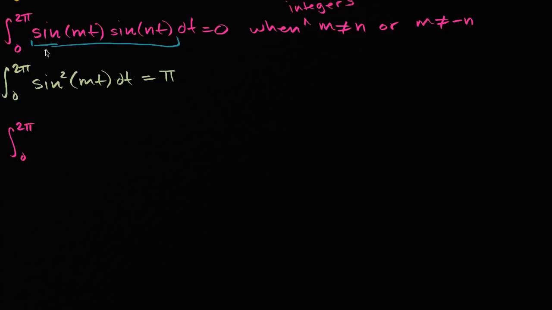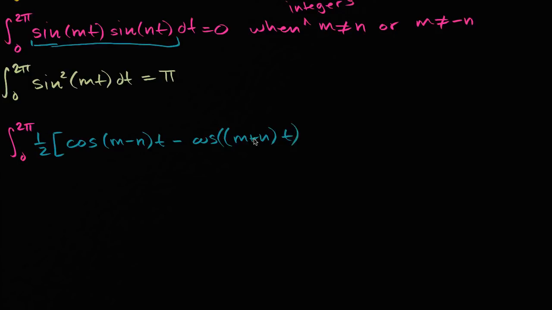And I can rewrite, and this is just a trig identity that I'm going to be using, this is the same thing as 1/2 times cosine of (m minus n)t, minus cosine of (m plus n)t.